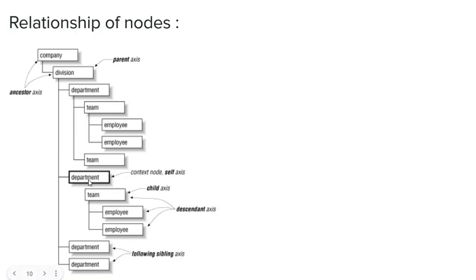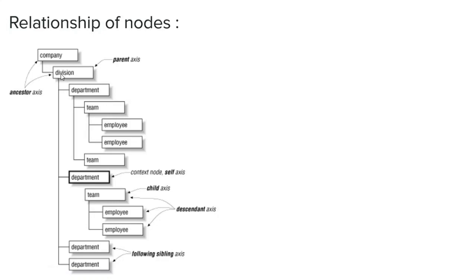If you see the hierarchy, these departments, 1, 2, 3 and 4, are all coming from this parent axis, that is the division node. So this department is a child of division. That means the division node is the parent of this department.